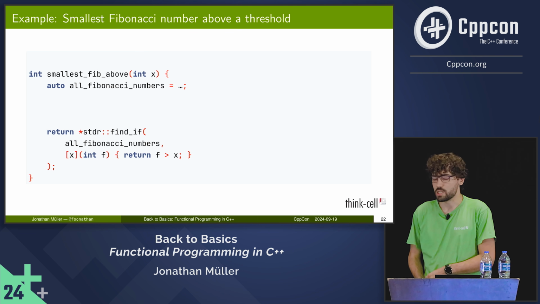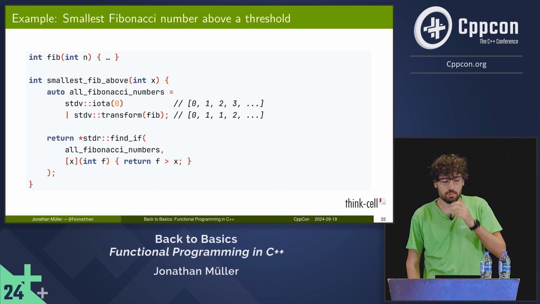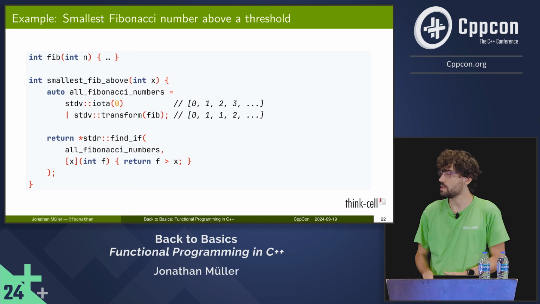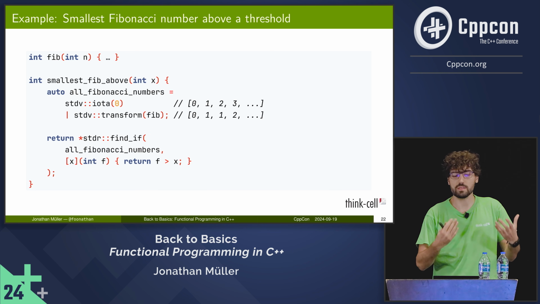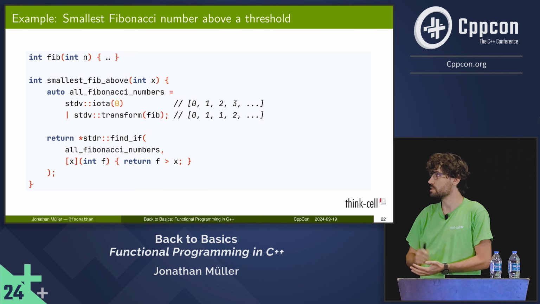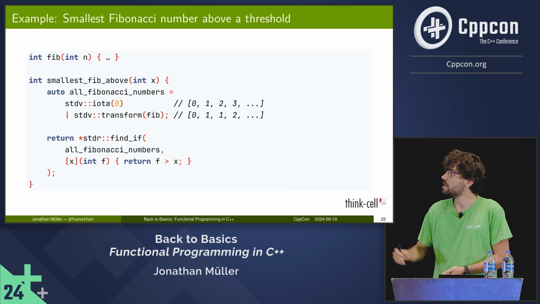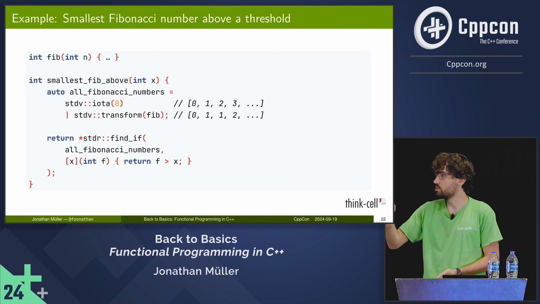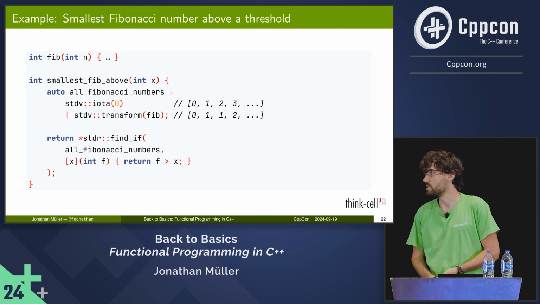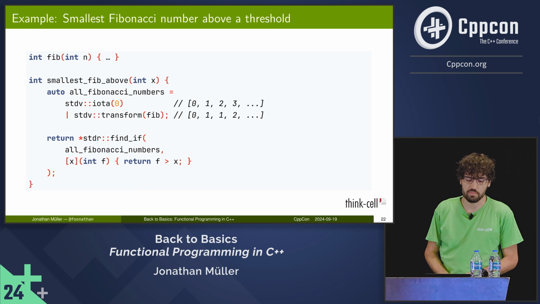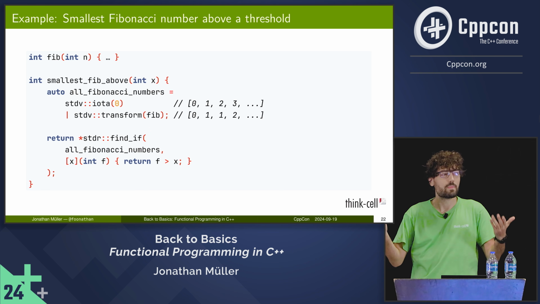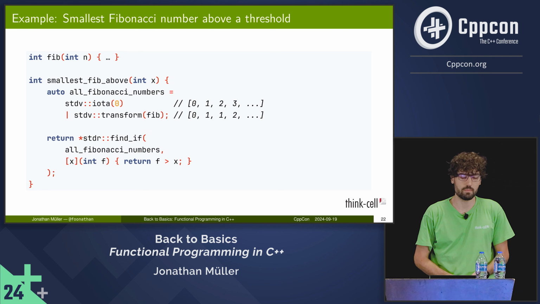So how do we get all the Fibonacci numbers? Well, one trick we can use is iota. Iota is a simple view that just generates increasing integers, beginning at the starting value. So iota of 0 generates 0, 1, 2, 3, and so on, up to infinity, or rather until we have integer overflow or something. But conceptually, this is an infinite range of integers.